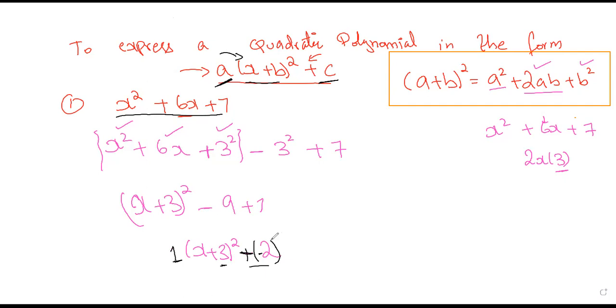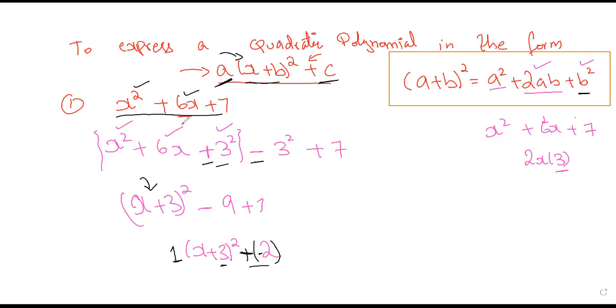Okay, so I got this by completing the square. This is called the completing square method. I had x square plus 6x plus 7. I simply have to ignore the 7 initially and think of this x square and 6x and a third number, which would be b square, such that my square is completed and I can write it this way. In maths, you can always add and subtract the same number. Why are we doing that? Because we need to complete the square.